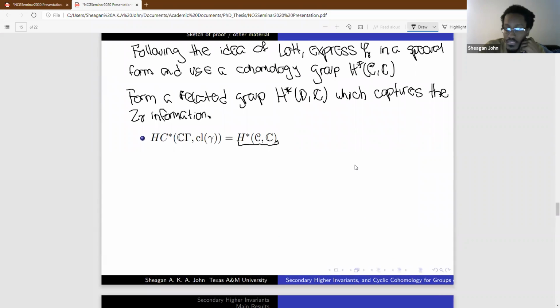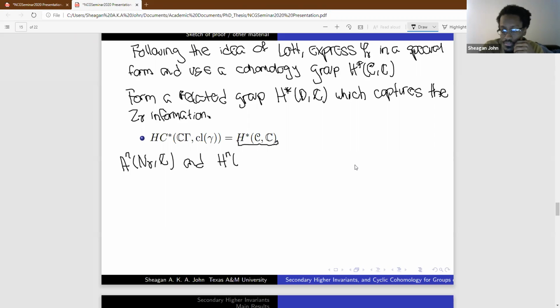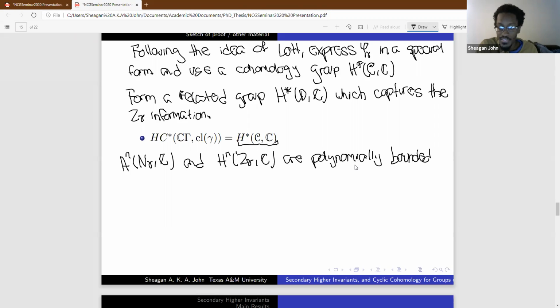So we already know that H n of N gamma and H n of Z gamma, so this is our group cohomology, are polynomially bounded. And we want to exploit this in such a way as to show that this side here is polynomially bounded.